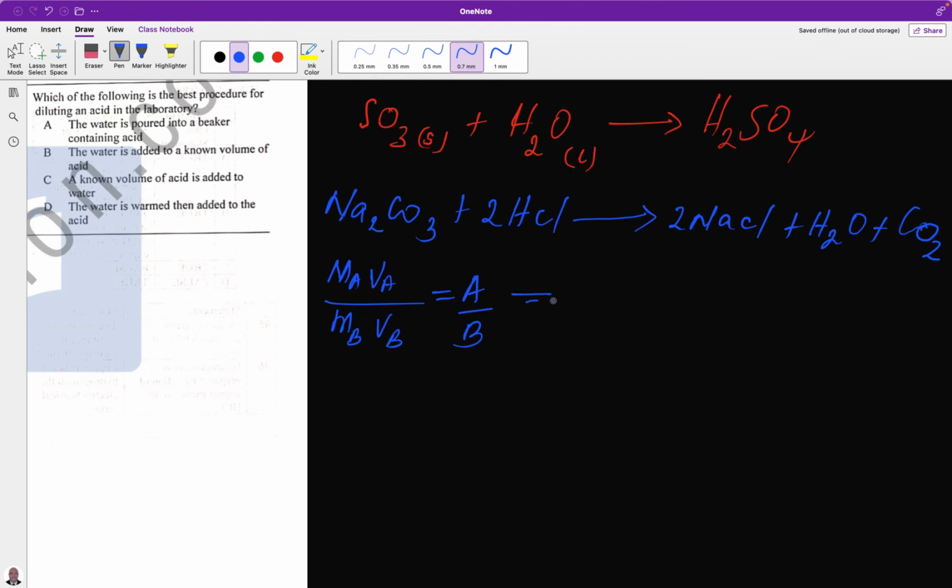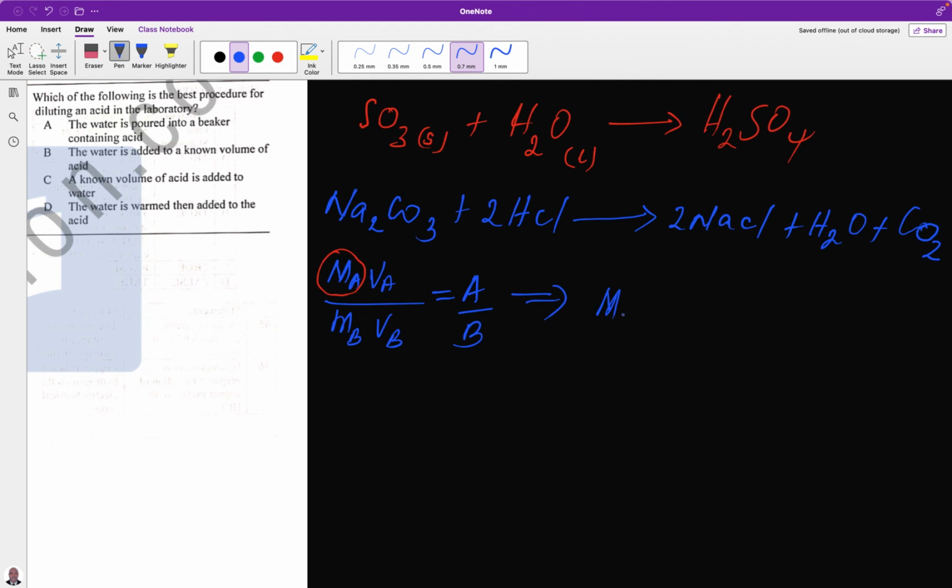Now we will go again. All these have been given. What we are looking for is the molarity of the acid. Therefore, the molarity of the acid now becomes Ma.